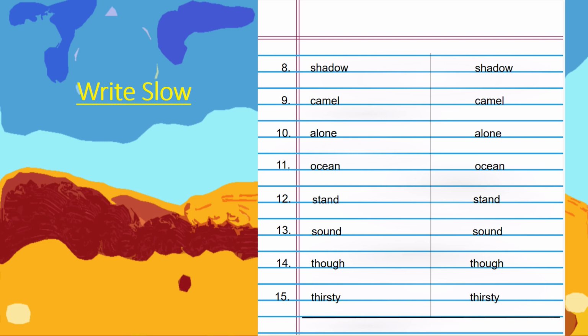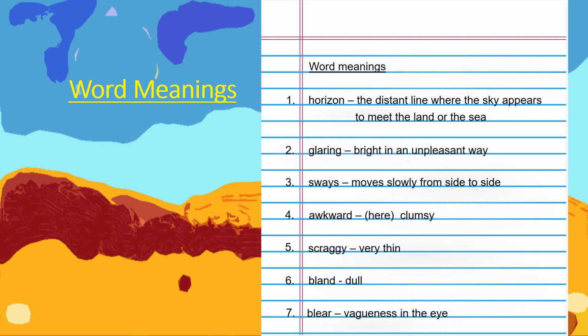After you finish writing these 15 words, we draw a horizontal straight line with the help of a pencil and a scale. And then we begin with word meanings.